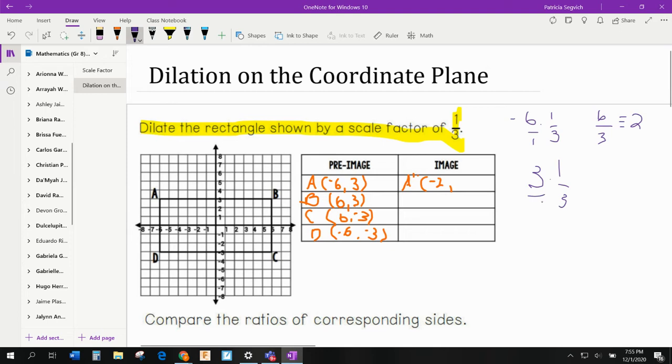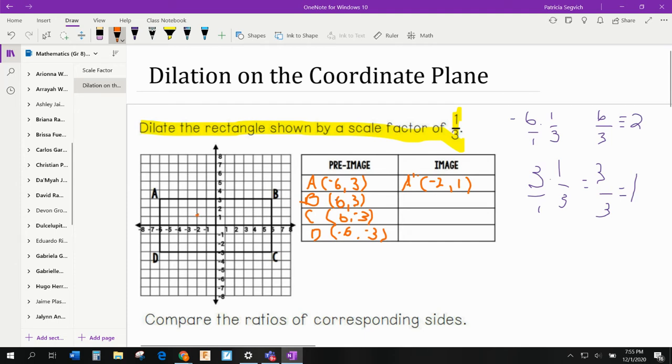I'm going to put this over 1. Multiply the numerators: 3 times 1 is 3. 1 times 3 is 3. 3 divided by 3 is 1. So 3 times 1/3 is 1. So our A prime is going to be at -2, 1. So -2, 1 is going to be right here.